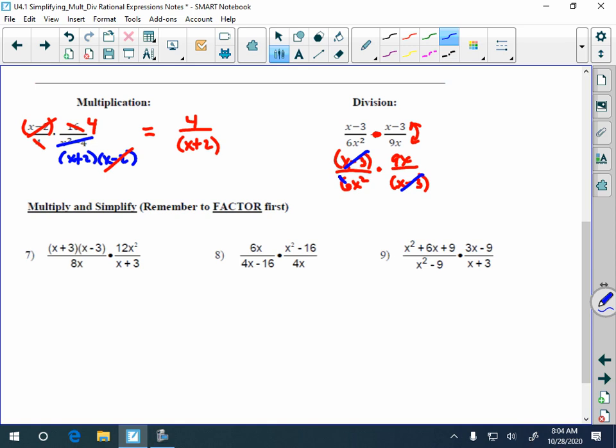All right, 9 and the 6, I could divide by 3, so that 6 becomes a 2, the 9 becomes a 3. And then I can subtract the exponents. Okay, so the x on top and the x squared on the bottom, I could subtract the exponents and it becomes an x to the first on the bottom. So then what's left is 3 and then 2x.